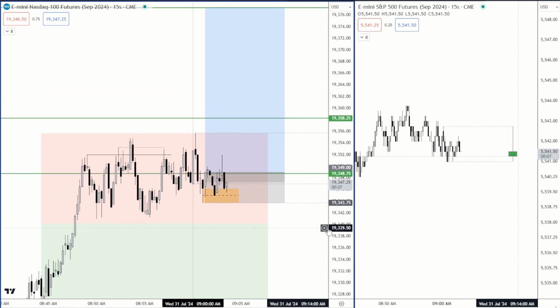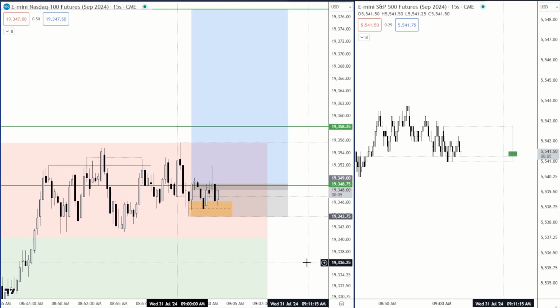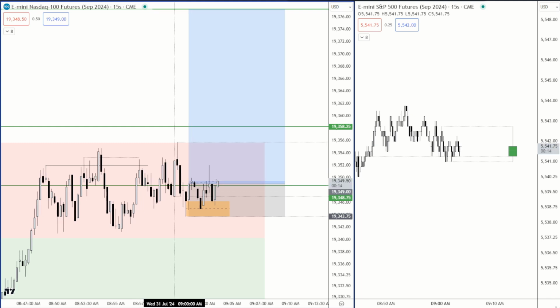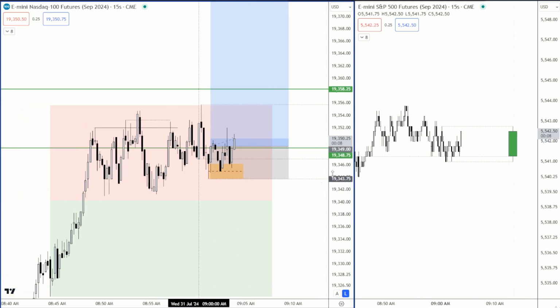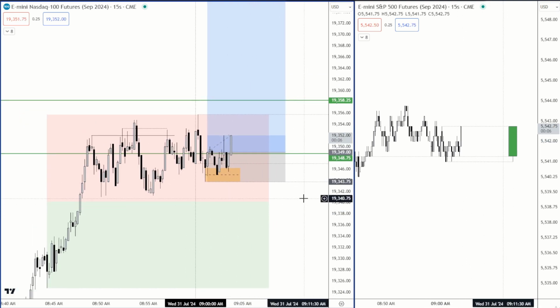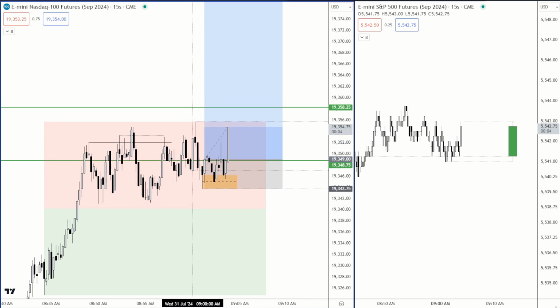But if we do lose here, it's only going to be a small loss, right? Which is why I don't really care. Right, just keeping the losses small. Because if we go below this low, then we're obviously going to go to a discount, right? So, a move down like that won't really matter.